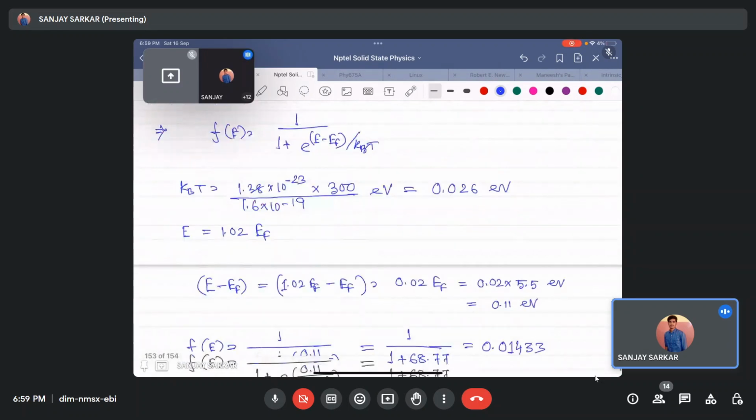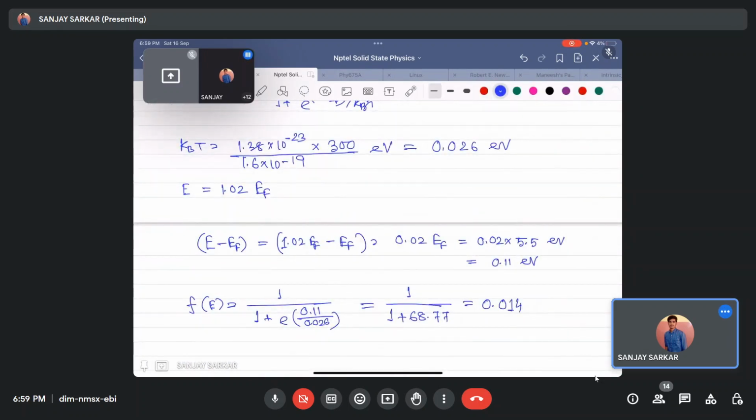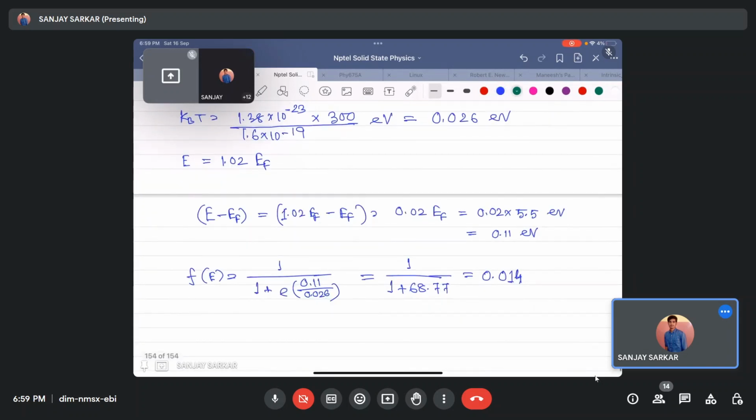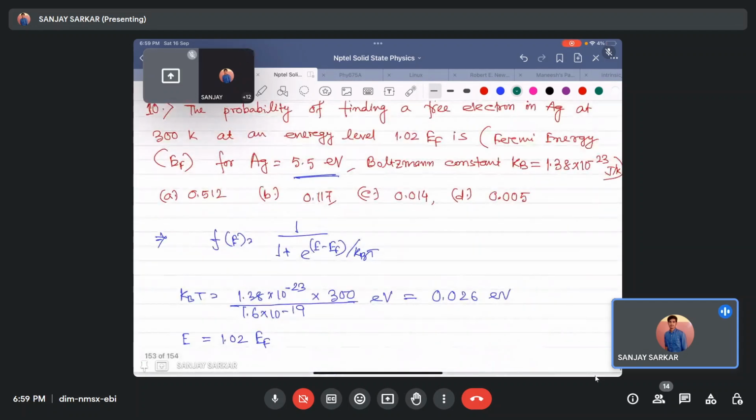So option C. So you don't need to write all the decimal places. So the correct option is option C, 0.014.